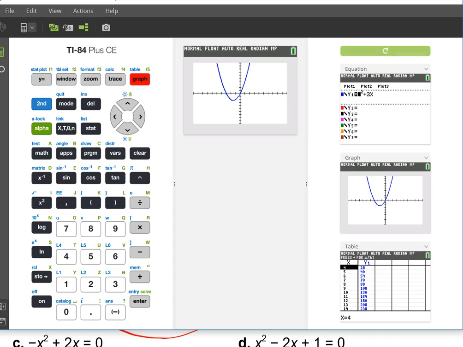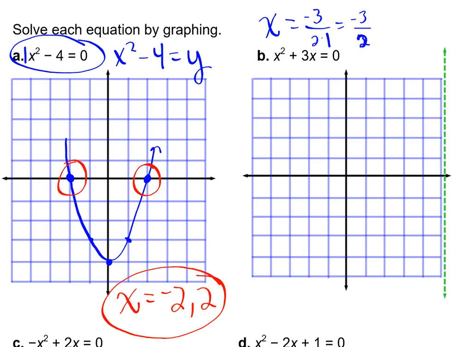And so what I can do is go back to my problem and say, if I plug in a negative 3, negative 3 squared is 9, plus 3 times negative 3 minus 9, does that equal 0? And it does. So negative 3 is one of my solutions.